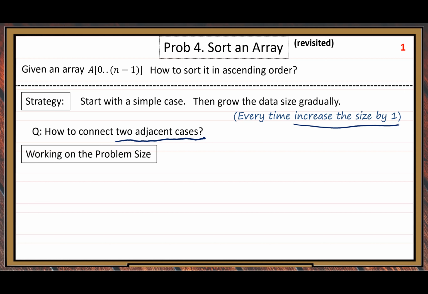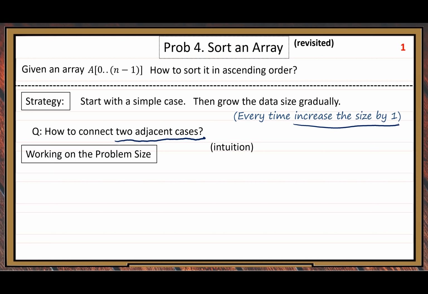Working on the problem size one by one, remember we start from the simplest case. After that, every time we add a new element to the current solution to increase the problem size. So let's do the work.